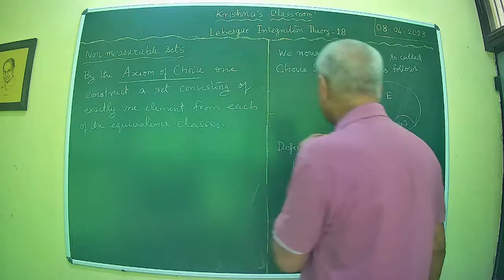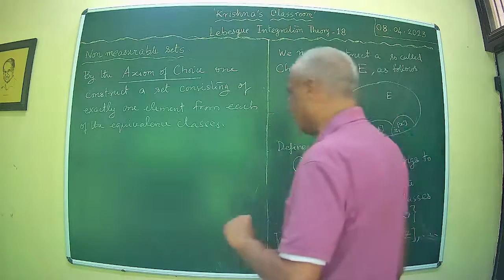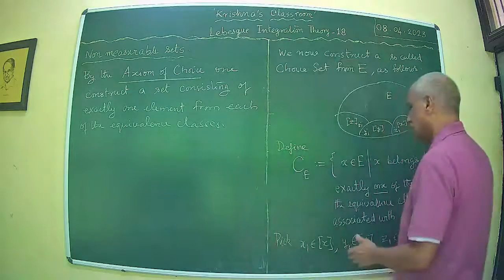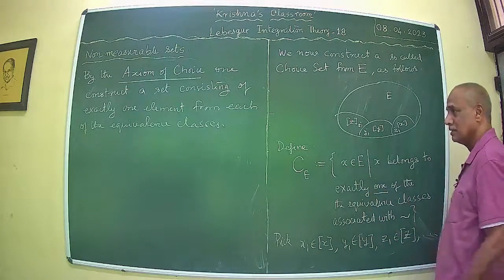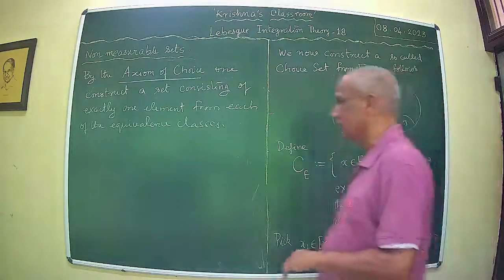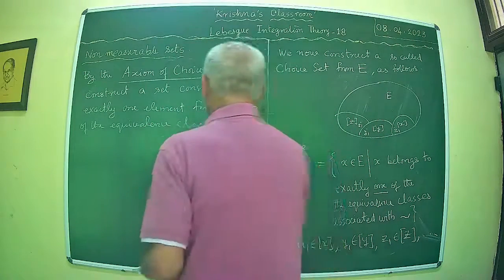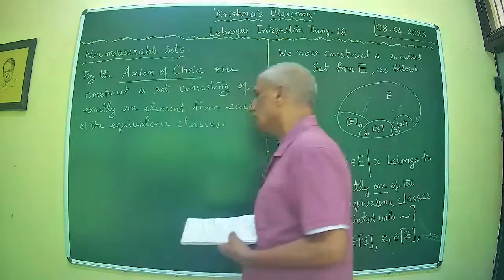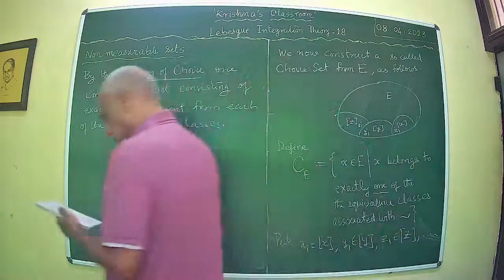It is again uncountable. So the set that you have constructed, C, now has uncountable elements constructed under this condition, and the axiom of choice supports or justifies the existence of C. That's what it is. Okay.